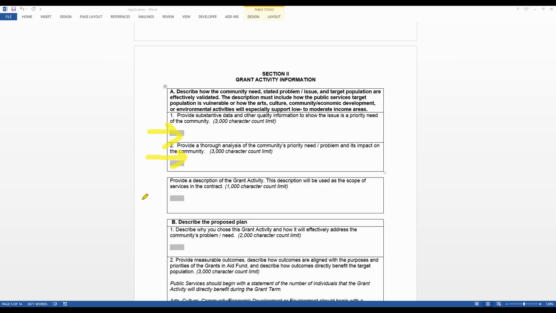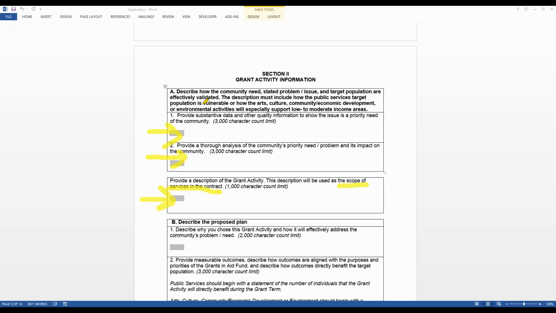We talked a little bit about this section here, which is also very important, description of your grant activity, which will be used as the scope of service in your contract. Again, we added this as a matter of continuity. It will help commissioners better understand your grant activities. When answering section A, it's very important that you also address these key points here.